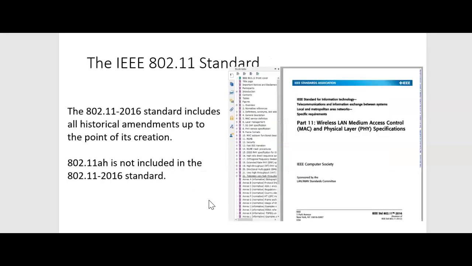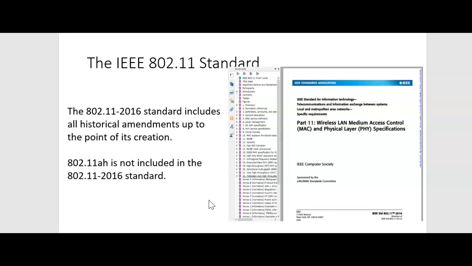Now, the current standard for 802.11, which is the wireless standard, the latest one that's been ratified, is 802.11-2016. And it includes all historical amendments prior to its creation in 2016.